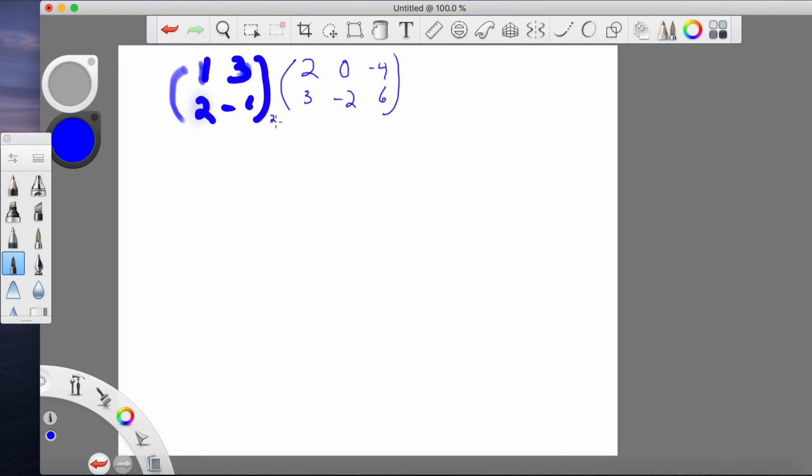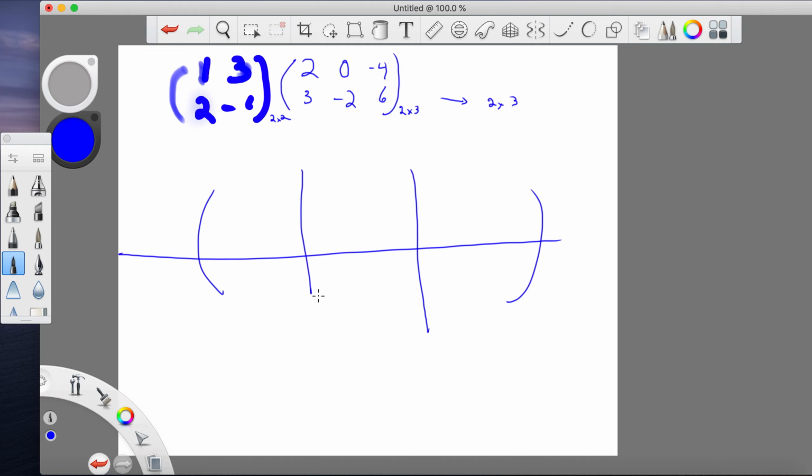So again, remember, this is 2 by 2. This is 2 by 3. And so the new matrix is going to have dimensions 2 by 3. Okay, so I'm going to keep that in mind when I draw this. So there should be 2 rows and 3 columns. So just to keep it organized, I'm going to go ahead and draw some lines in.